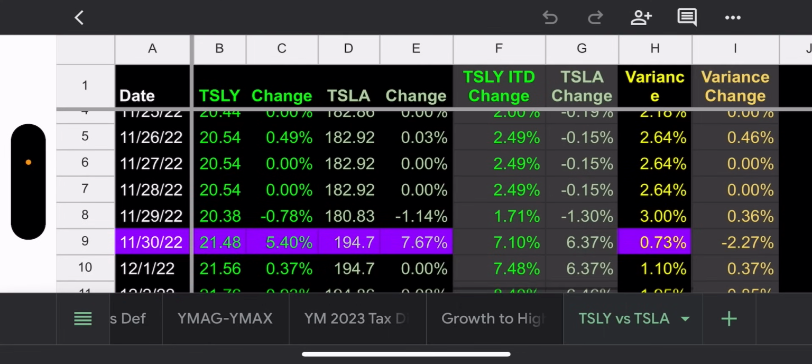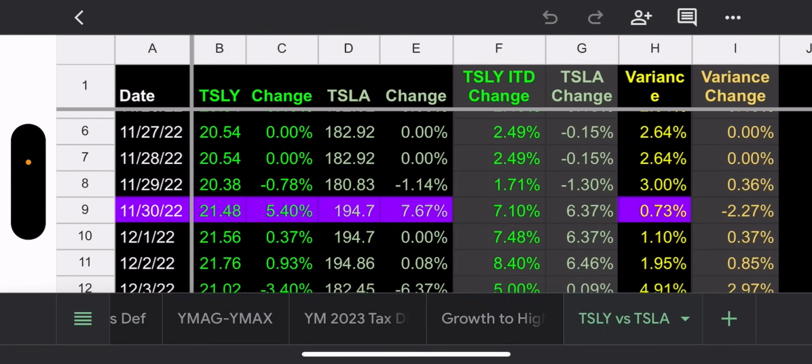we get into purple. Purple represents a 2% shift in Tesla's favor. So if we look here, Tesla moved up 7.67% in 1 day. Tesley moved up 5.4% in 1 day. And why the difference? Well, it's because of the calls.